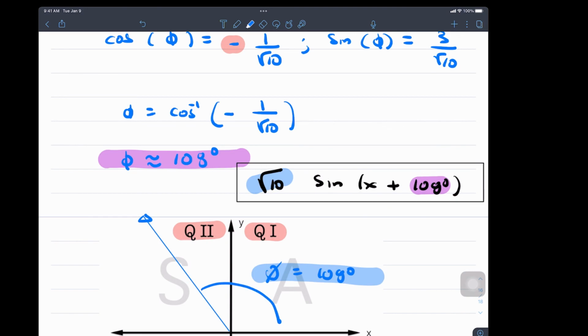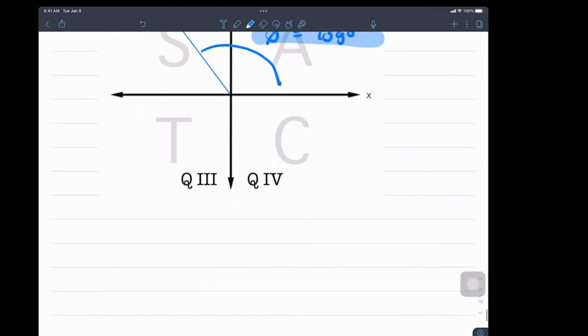Follow this format. Should we try another one? Should we do another? Or let's look at your textbook. Oh, I forgot to prove these cofunction identities.